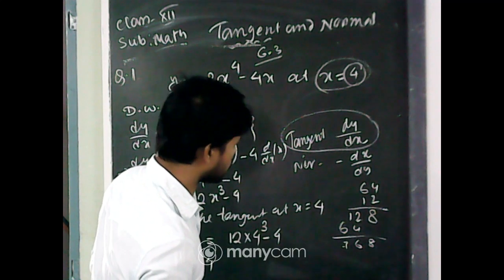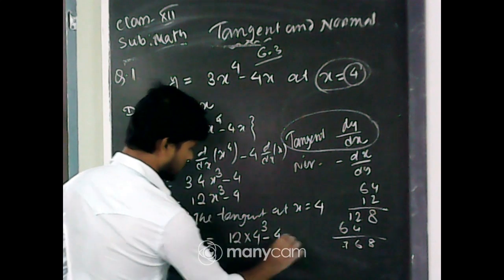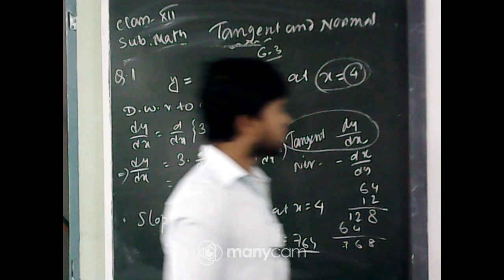Yes, 764. 768 minus 4 is 764. This is the slope of the tangent.